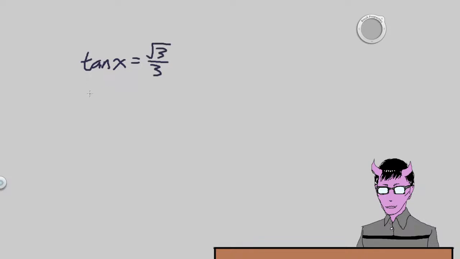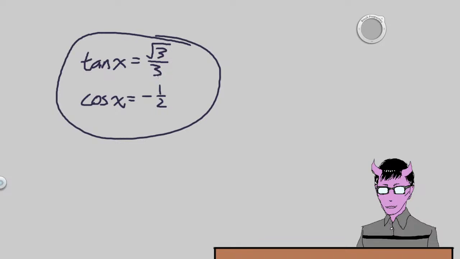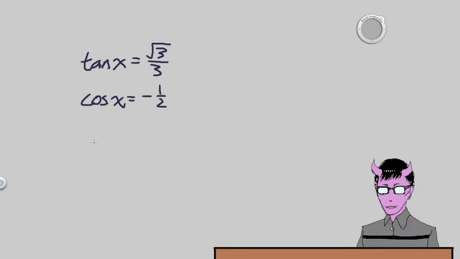And that's statement number 1. And then statement number 2, we have cosine of x equal to negative 1/2. So again, putting these two statements will narrow down our search into one possible scenario, usually. And then the question asks specifically, what is sine applied to x minus pi over 2?